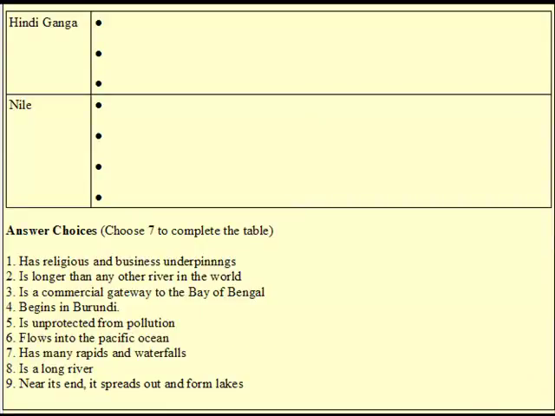From this information, it can be determined that the Ganges has religious and business underpinnings, is a commercial gateway to the Bay of Bengal, and is unprotected from pollution. Therefore, these are 3 correct answers that describe the Hindu Ganga River.